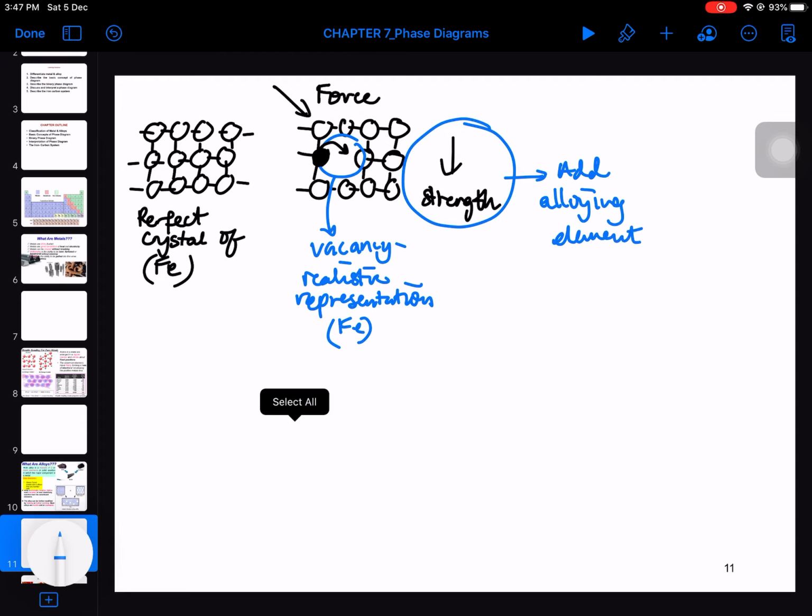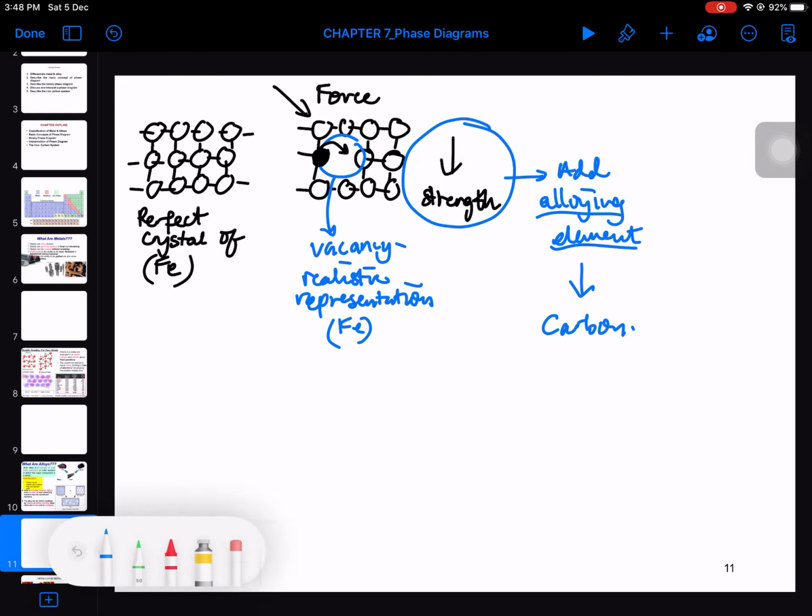An alloying element is added to metals for different functions and different purposes. In order to cater to the strength of the iron, what we add as an alloying element is carbon. So we add carbon into the interstitial sites of the iron so that it becomes steel.